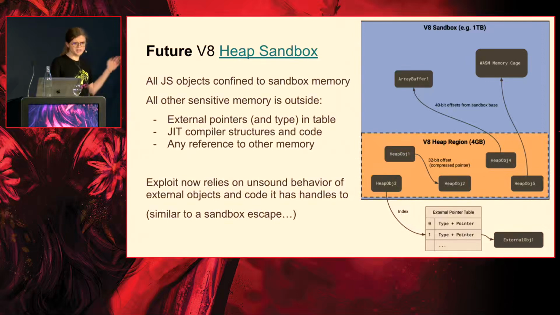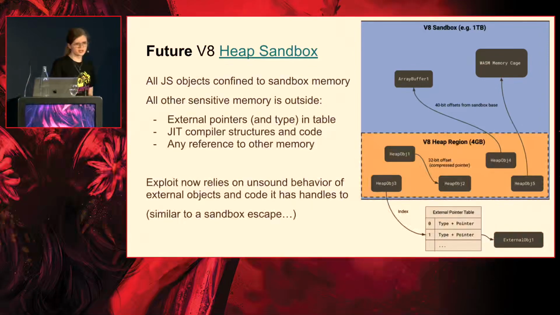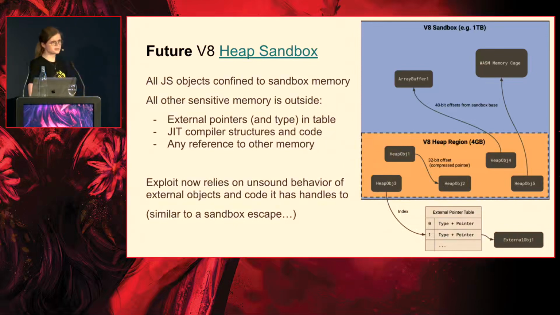And then, of course, we have a table at the bottom, which includes the external pointers, as well as some type information to try to prevent you from specifying different indexes and causing a type confusion. So now, even if you have any of these out of bounds or type confusions that we saw earlier, you're going to be stuck where your writes are only to other objects that you could have already corrupted or created.